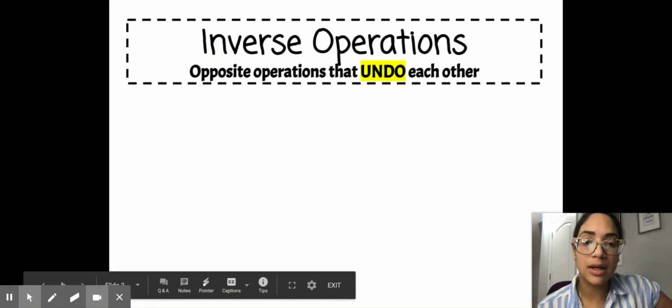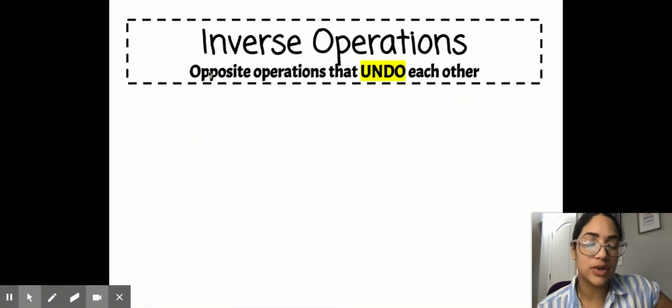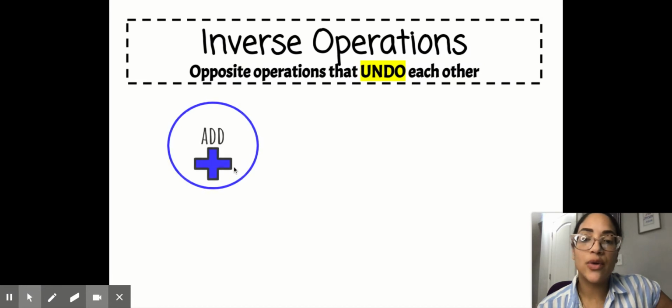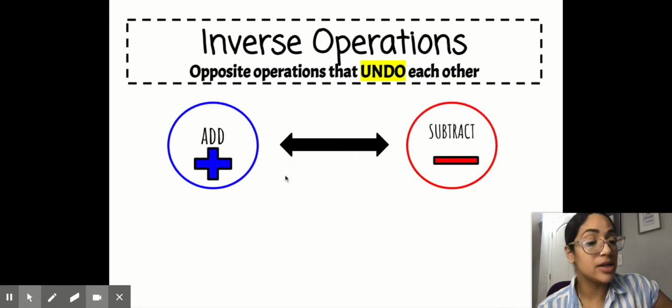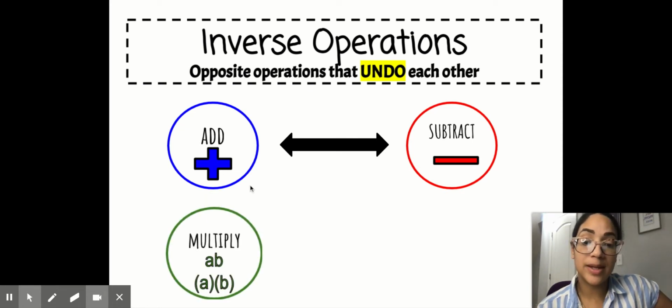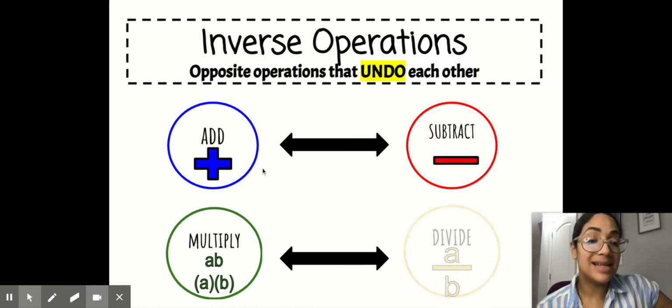So let's take a closer look at inverse operations. Inverse operations are opposite operations that undo each other. The inverse of addition is subtraction because they undo each other. The opposite of multiplication is division.